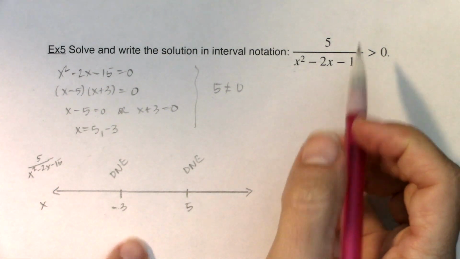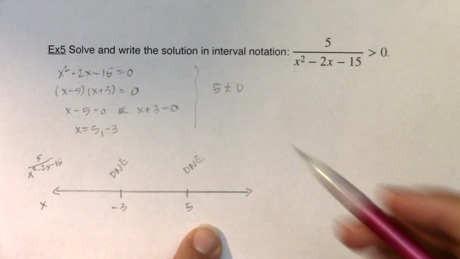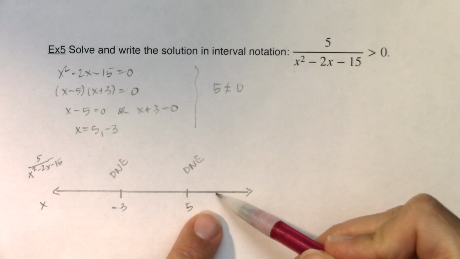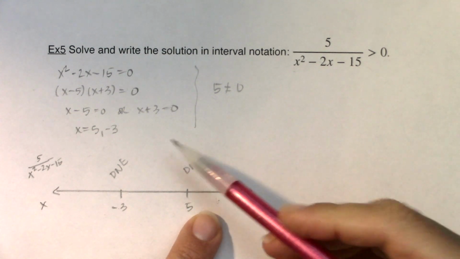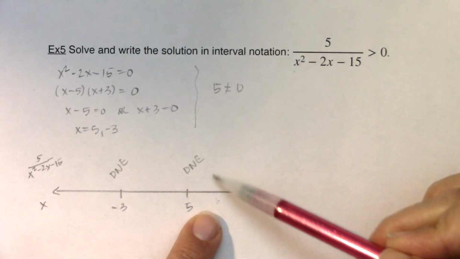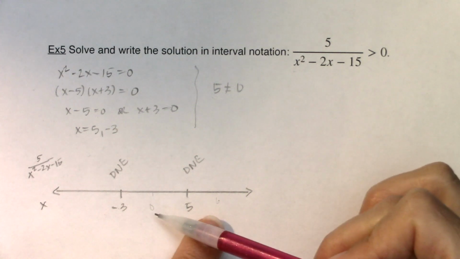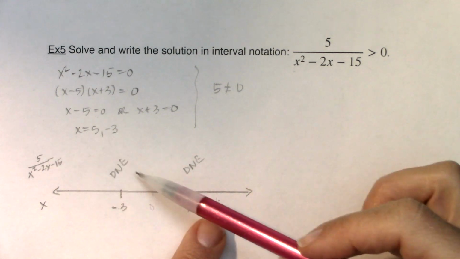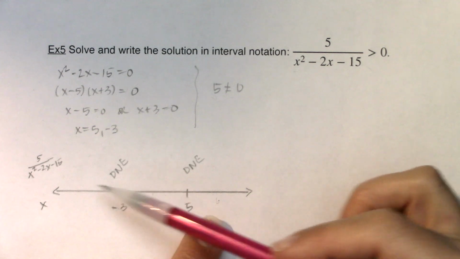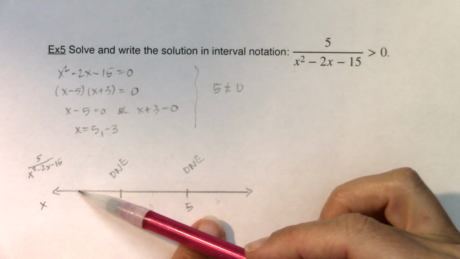So from here, I can make my signs, and I've talked about this a couple of times. You can always use test points, so you could pick something like 6 here, plug it into this rational expression, see if it's positive or negative, and take note. I would pick 0 if I was going to pick a test point in the middle, plug it into this rational expression, and see if it's positive or negative.